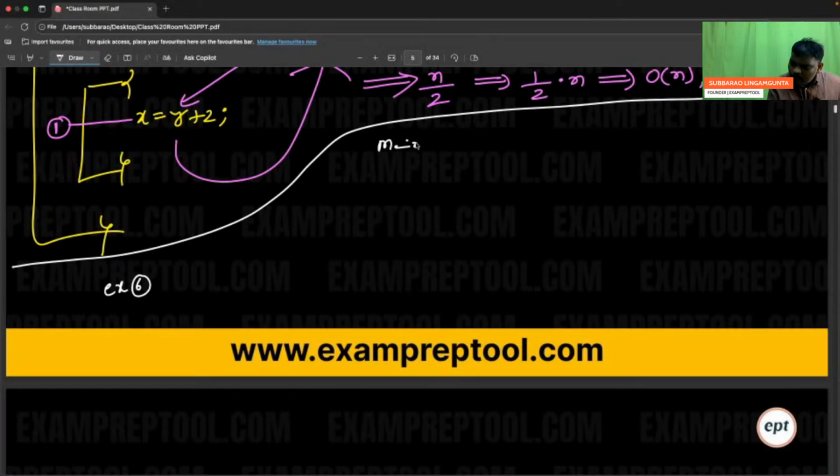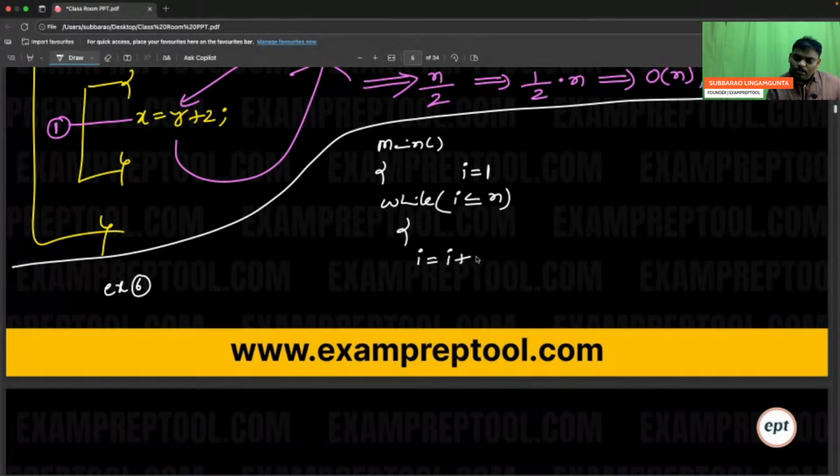Main, next one. I'm starting while I less than or equal to n. So initially I is equal to 1. Inside, I is equal to I plus 20.